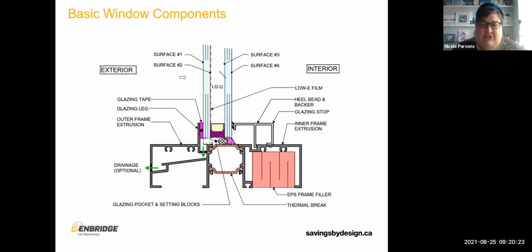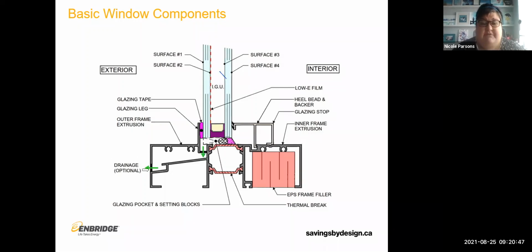So this is the cross section of a fairly basic window. This could be similar to a window that is in your house, that's in a low-rise multi-unit residential house, potentially high rises as well, depending on the exact configuration.